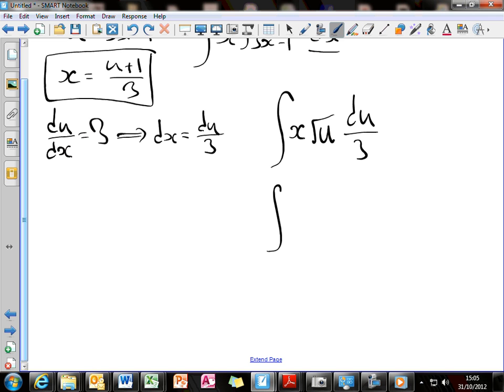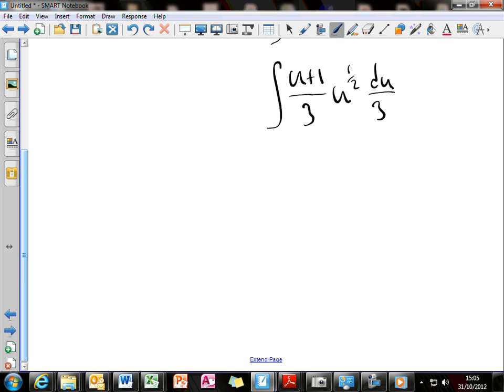So this is going to be now u plus 1 over 3 times, I'm going to rewrite the square root of u as u to the half, and it's du over 3. And let's just try and tidy this up a little bit. This is u plus 1 times u to the half, all over 9 du.